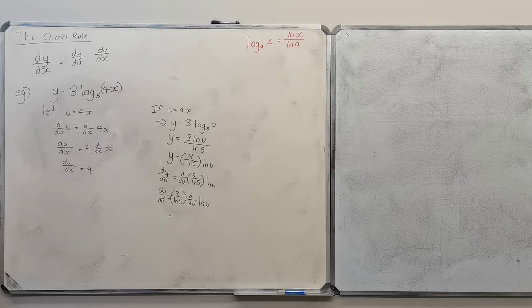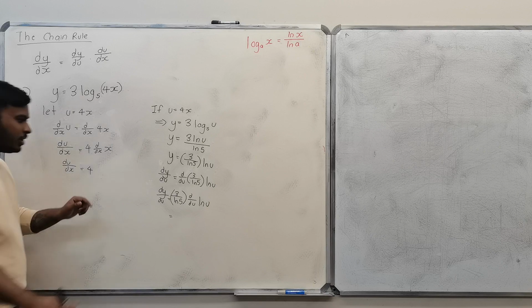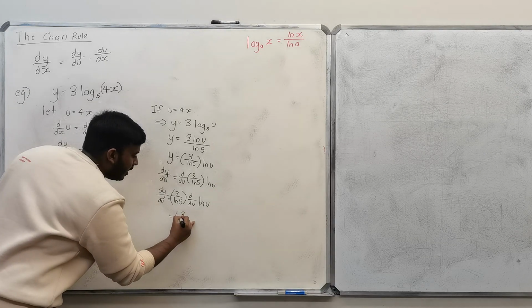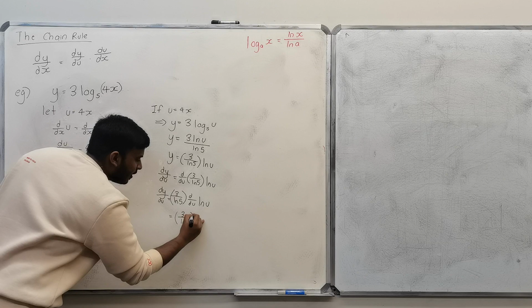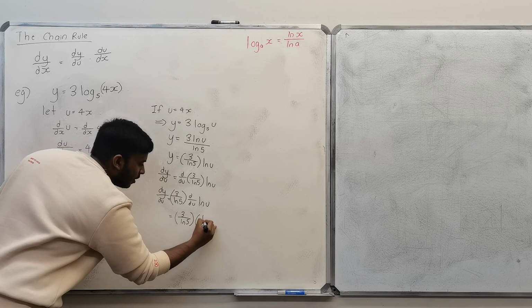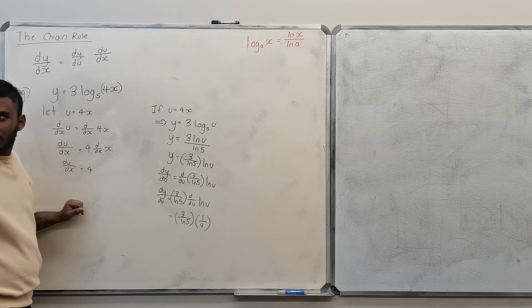One over u, right? Which number is that, Kai? Rule number 7, right? So rule number 7: the derivative of ln of a variable is 1 over that variable. Okay, so this would now become 3 over ln of 5 times 1 over u.